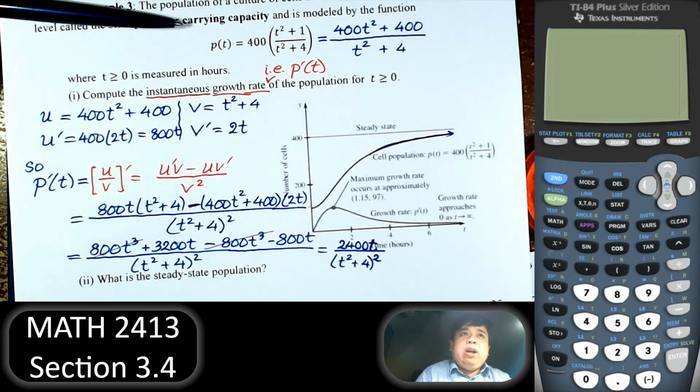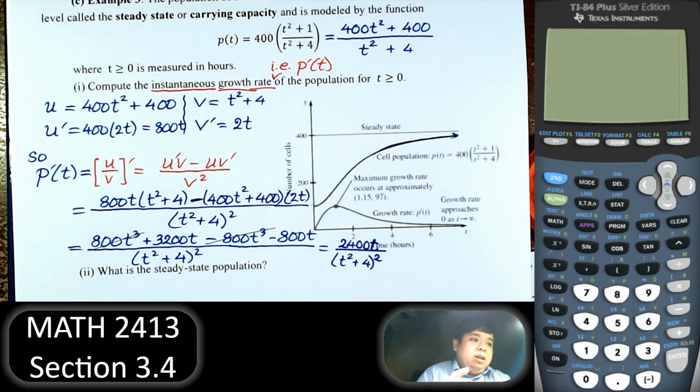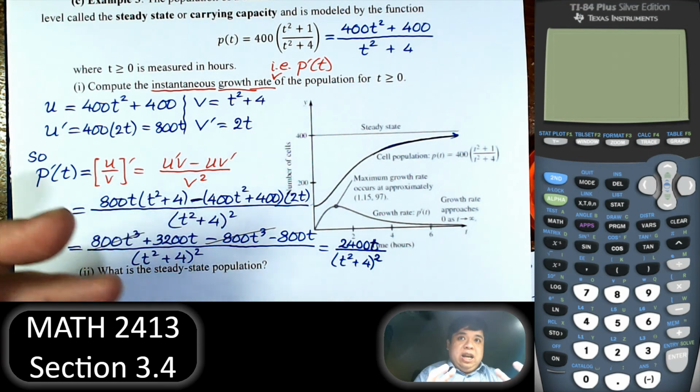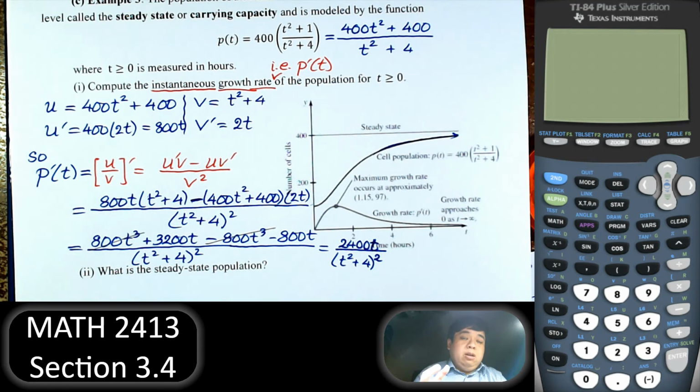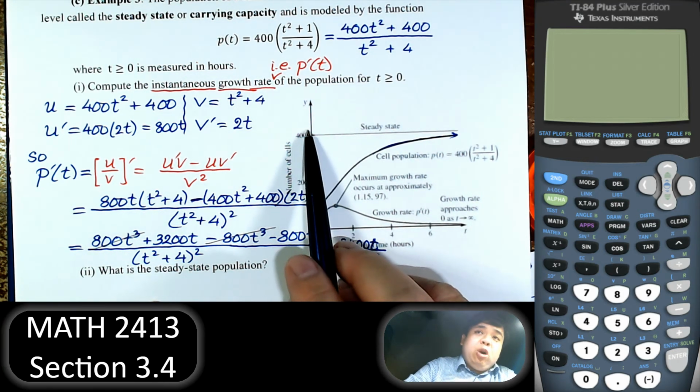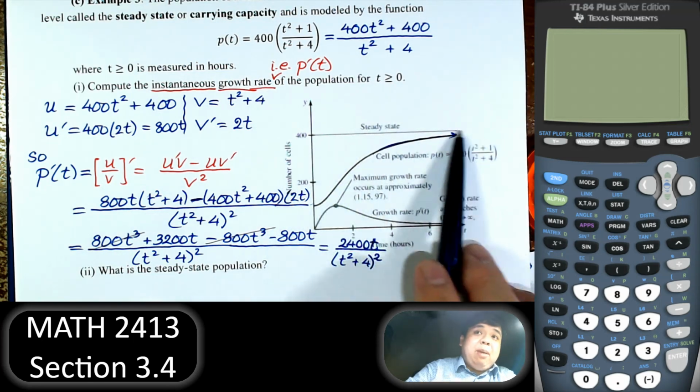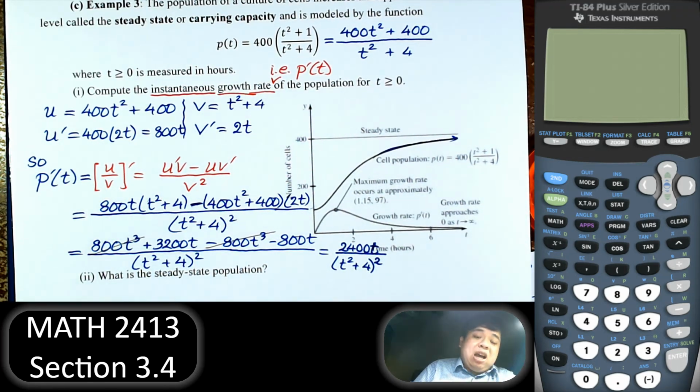The carrying capacity is the maximum that it can hold. For example, an island can only hold a certain amount of people. I'm talking not just about the space for them to stand, but about the resources for them to live. For example, on an island, there's only enough food for a certain amount of people. So in that case, the population, even though it's increasing, will never get past that carrying capacity.